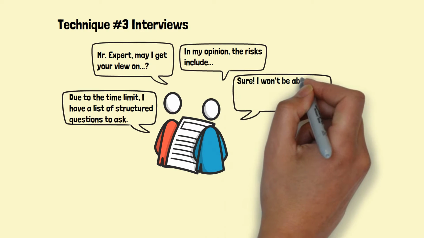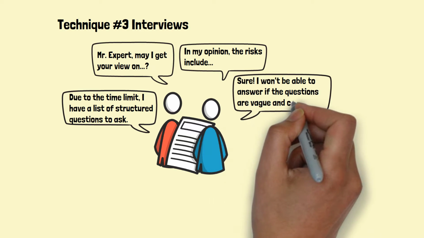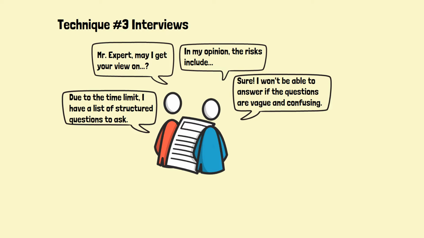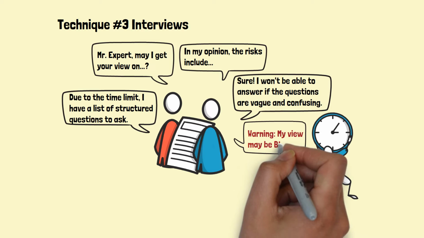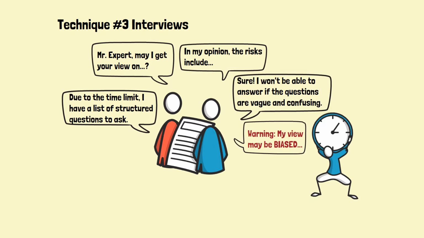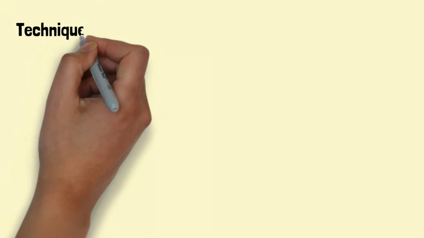Vague and confusing questions should be avoided so that the feedback gained from the interviewees is not misleading. This technique is also time-consuming. Another concern about this technique is that the information acquired based on expert subjective judgments may not be free from bias.